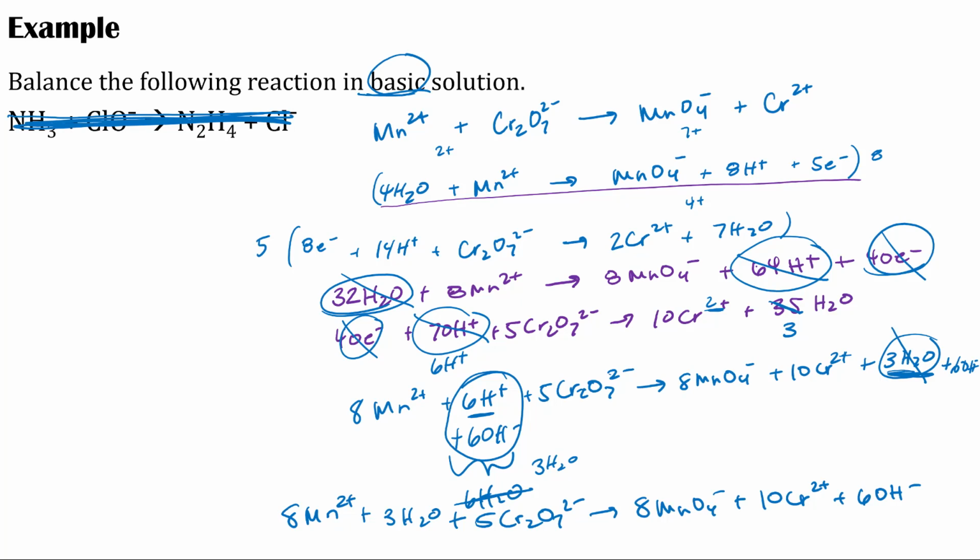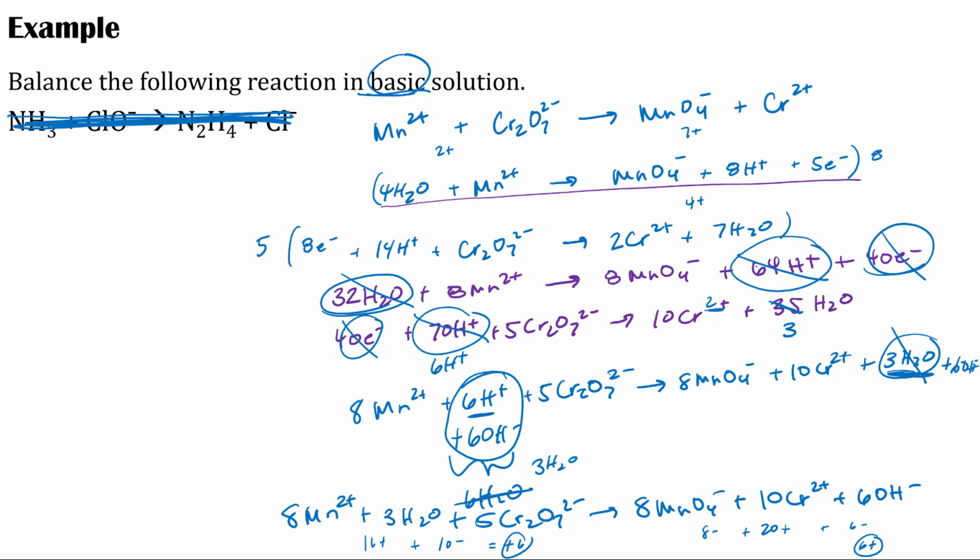So I'm going to check one more time to make sure that it's balanced by counting my hydrogen and charges. So I have 16 pluses plus 10 negatives, and so that is going to be 6 plus. And then over here I have 8 negatives plus 20 positives plus 6 negatives, and so that is going to be 6 positive.